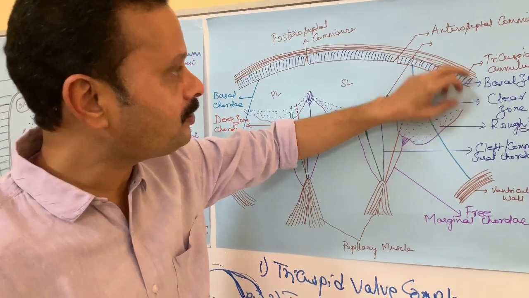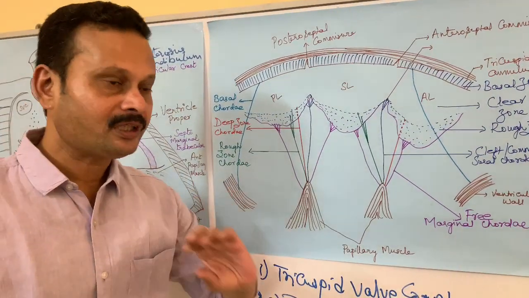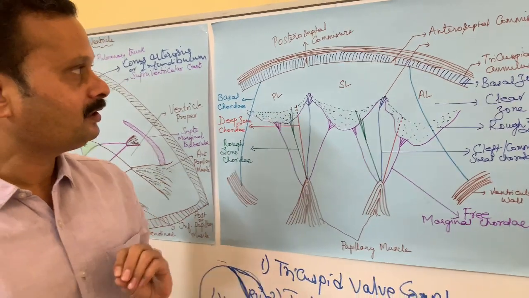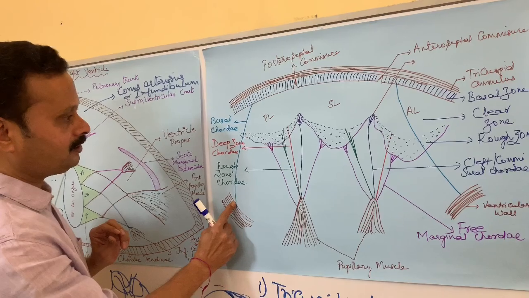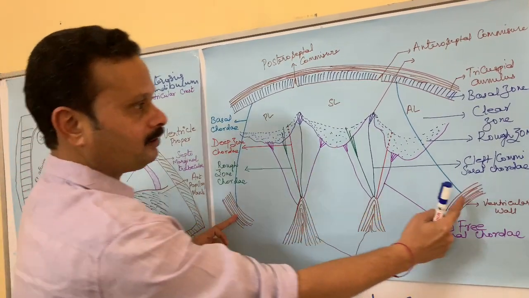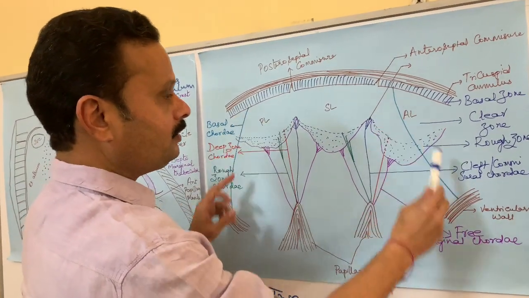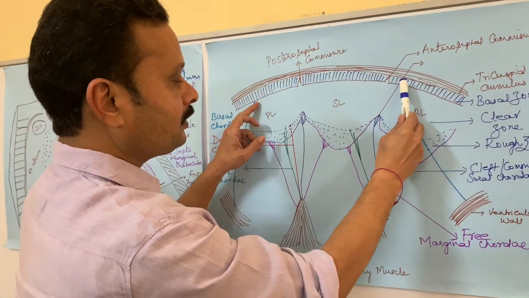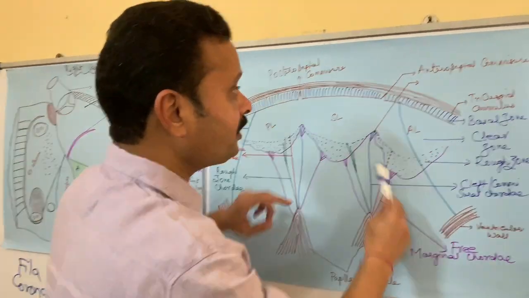And the basal zone is again comparatively thicker, around 2 to 3 mm in size, and receives the attachment of the basal chordae. You can see the blue one here. These are the chordae tendineae extending from the ventricular walls, gaining attachment from the ventricular walls to the basal zone of the leaflet.